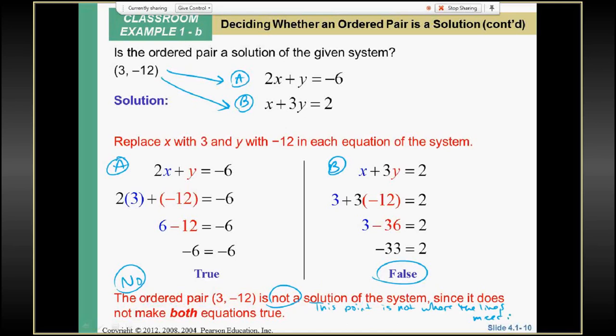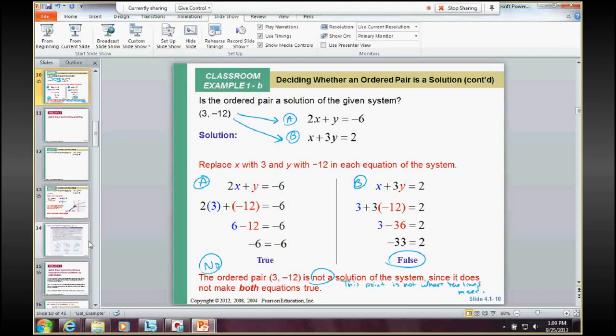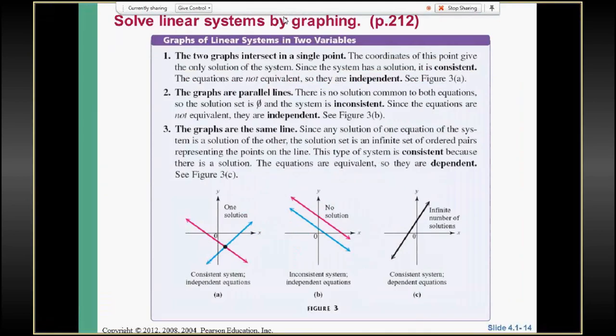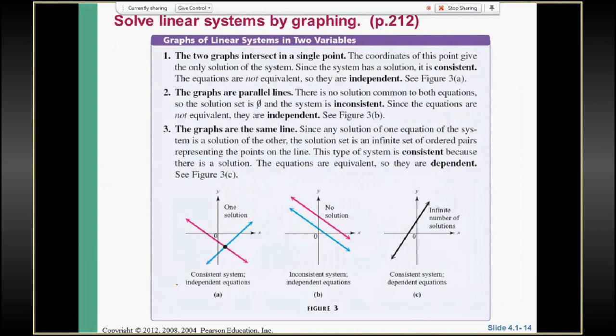Now, when we were in section 3.3, I had you take out a half sheet of paper. Well, on the back of this paper is this. We're going to go over this. This is a good concept of what happens when lines cross or they don't cross and so forth.